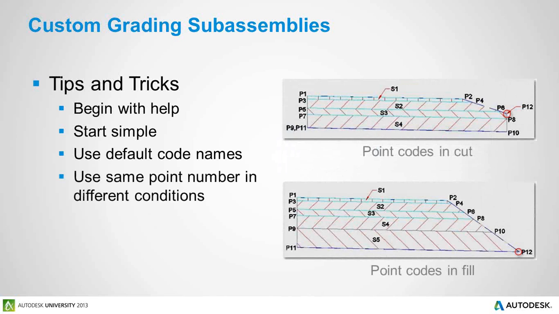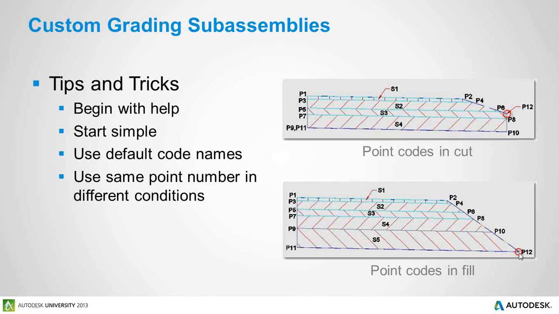If you have a subassembly that changes shape drastically from cut to fill, I do recommend trying to use the same point number, and I've got it highlighted here, where you would connect other subassemblies. So this is a highway assembly I did some years ago where in a cut condition we're going to daylight from here going up to put in the ditch. In a fill situation, where it's a deeper section, we're going to daylight down.